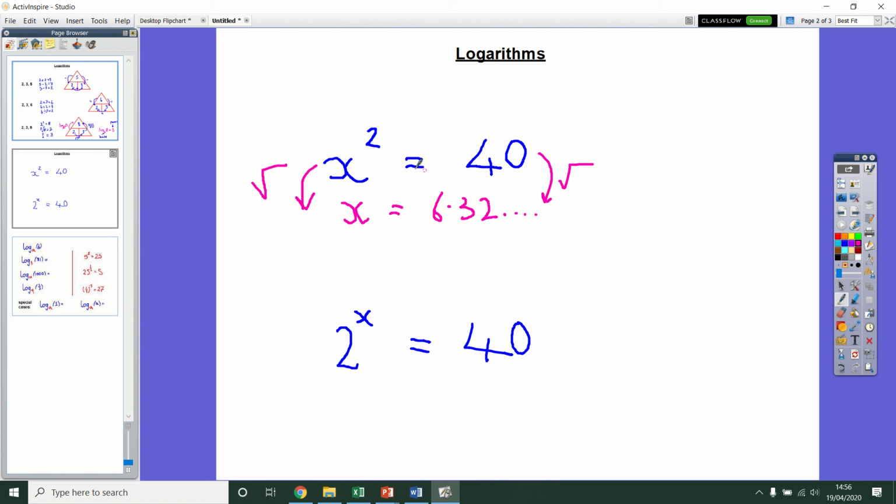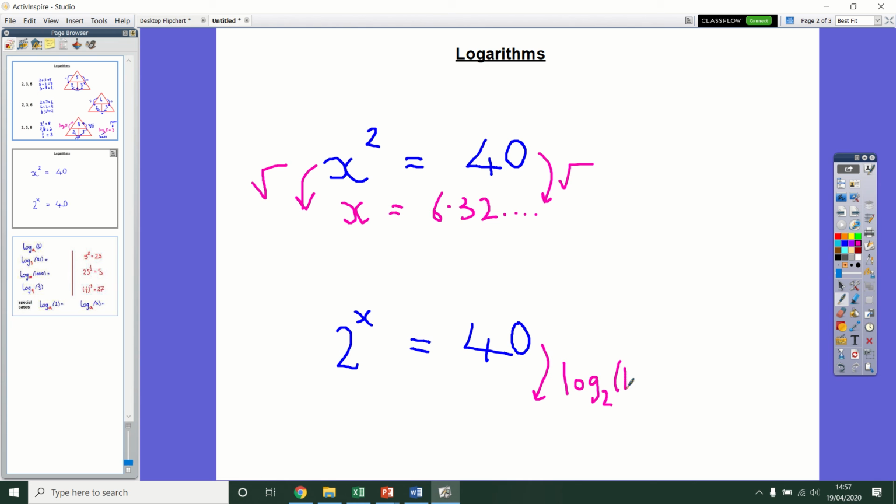These equations are all very familiar. These types of equations will be less familiar to you. But now we've got the logarithm operation that helps you find powers. So to find the power, we can apply something to both sides, but it's not a root this time, it's a logarithm. So I'm going to take logarithms of both sides. And what's the base of my logarithm? Well, the base I'm using is 2.